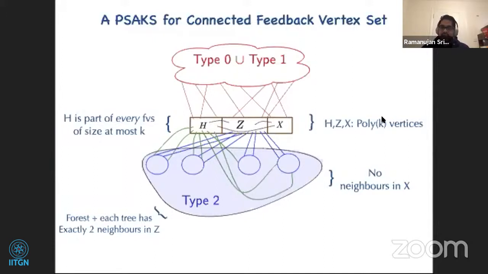Each component in this type 2 graph is a tree, and each tree sees exactly two vertices of Z. They see some arbitrary number of vertices in H and no vertices in X. Now, I'm not going to go into detail about how this decomposition can be obtained, but I'm of course happy to talk to you at the end of this talk, or just let me know if you have any questions about how this decomposition can be obtained.